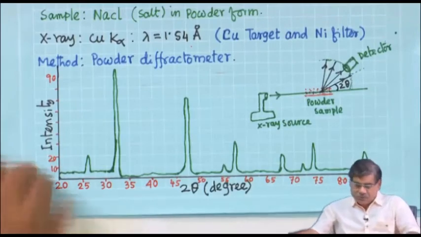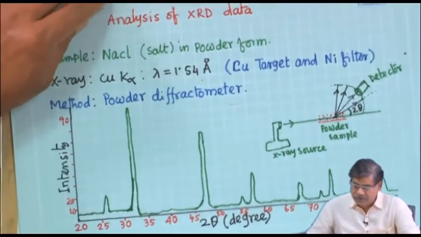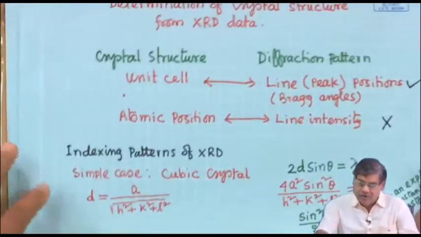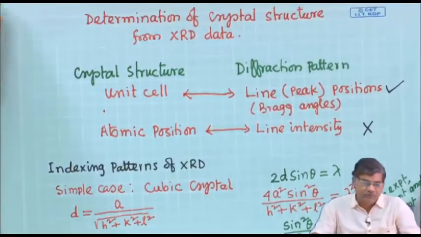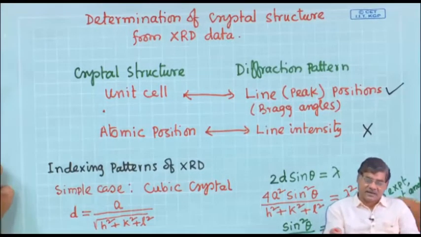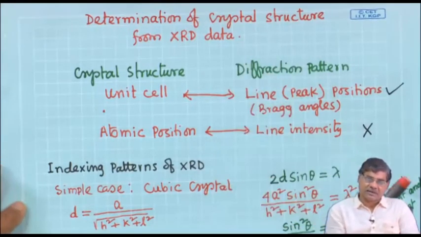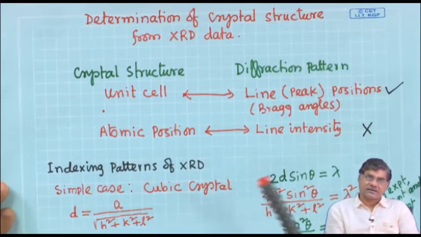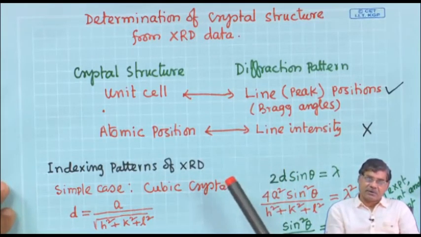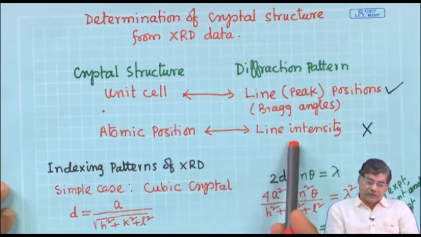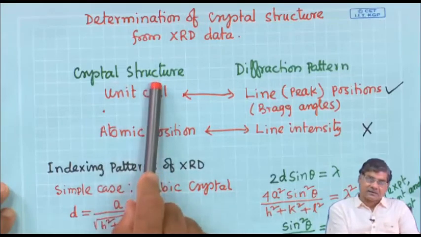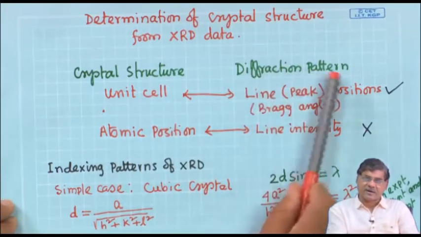What information can we get? The first very important information we would like to know is the crystal structure of whatever sample we have taken. On one hand we have the crystal structure, and on the other hand the diffraction pattern.